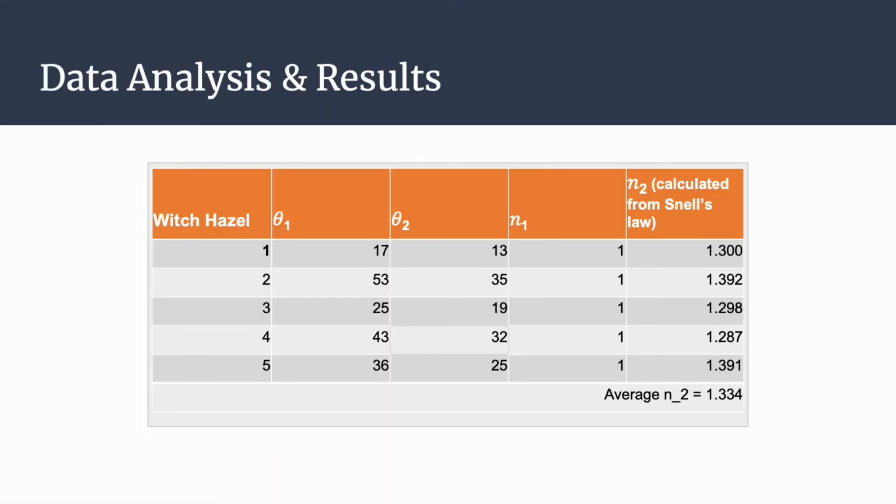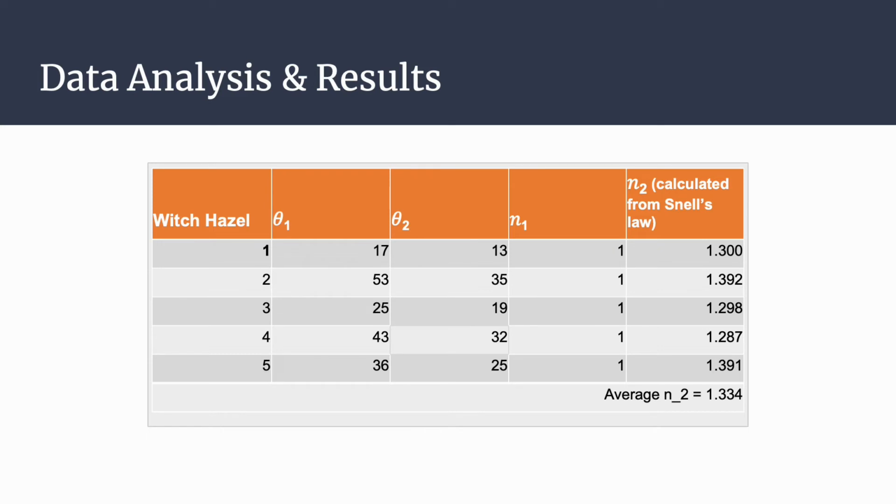We then took the values that we had gathered and inserted them into a chart in Excel, recording the angle of incidence, the angle of refraction, and the index of refraction for air. We then used these three values to calculate the index of refraction for the liquid that we were testing.